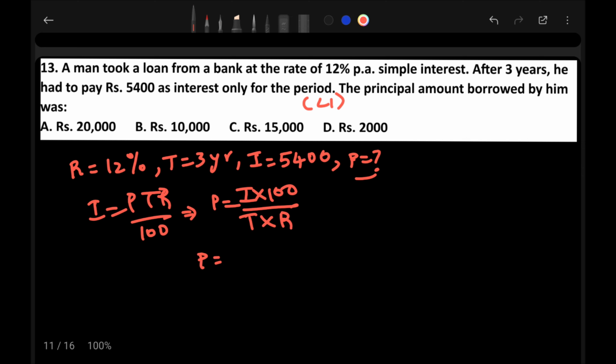Now just simple substitution. What is I? 5,400 into 100 by, for how much time? 3 years. What is the rate of interest here? 12%.